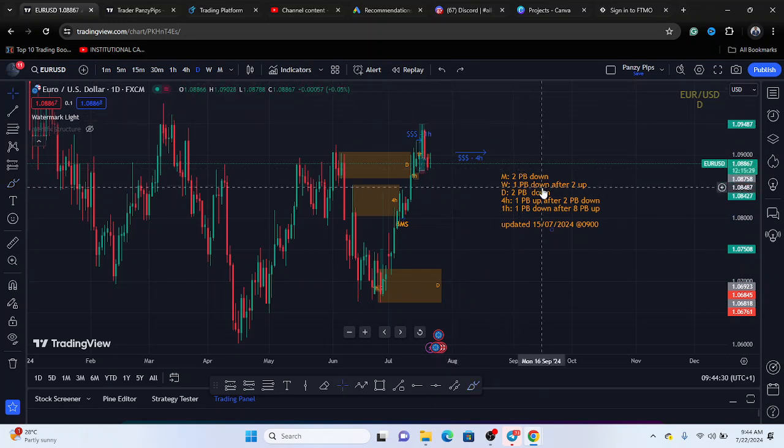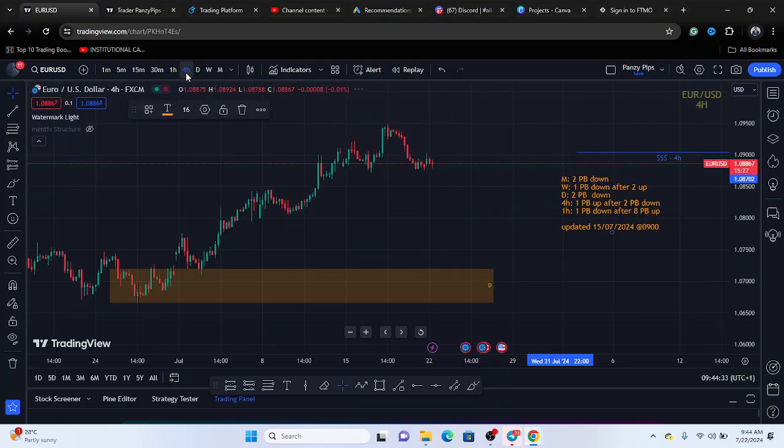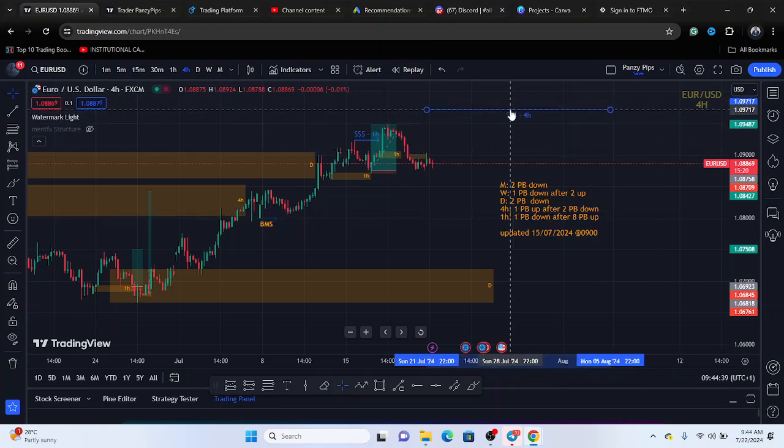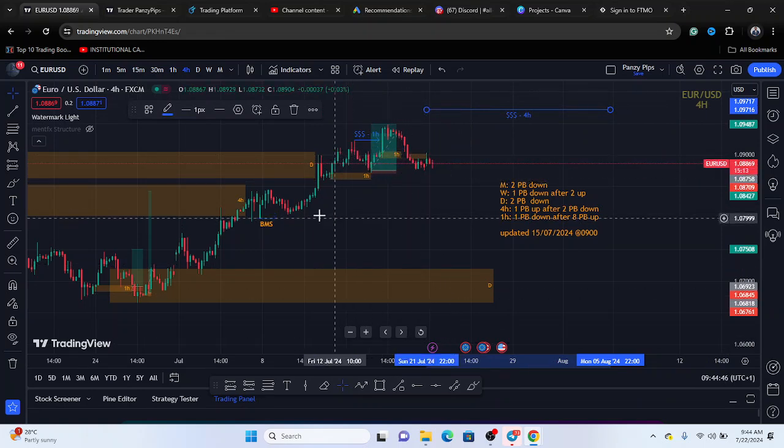Now let's come on to the 4-hour. On the 4-hour, this market is bullish, still bullish, because our last 4-hour zone is here. So where's that 4-hour?